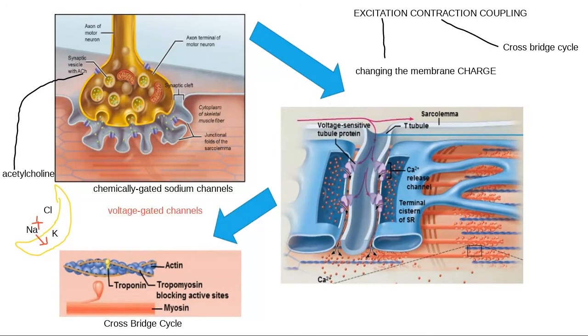Now, when the charge first starts to go up, we're going to open other sodium channels that would help the charge continue to go up. When we get all the way up, kind of like we talked about with neurons, we're actually going to open up potassium channels to help us come back down. And we'll talk more about those in a bit. Right now, what we care about is our voltage-gated sodium channels.